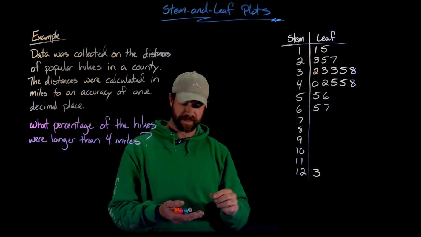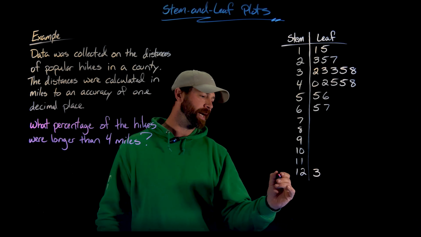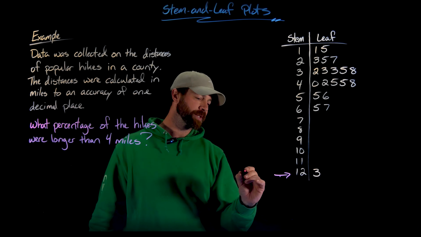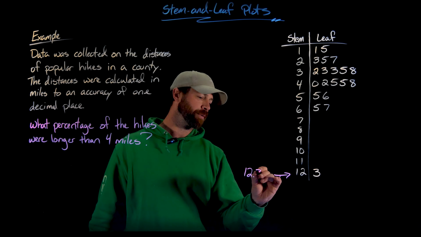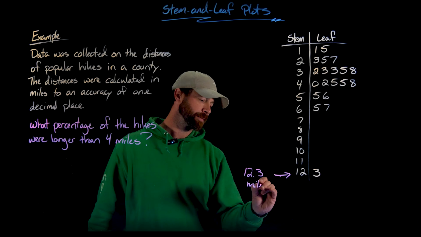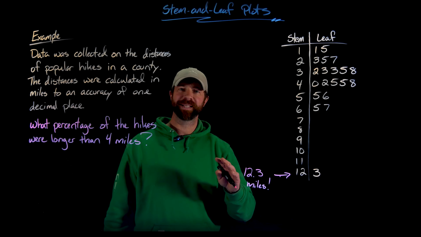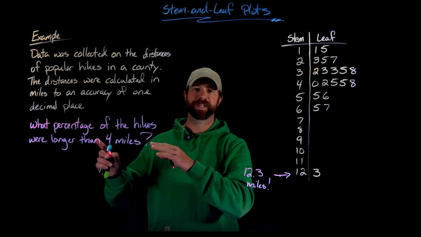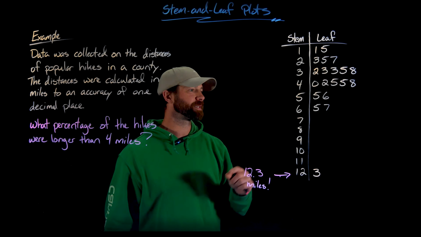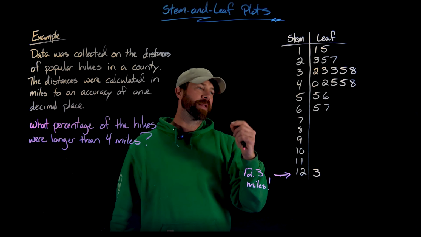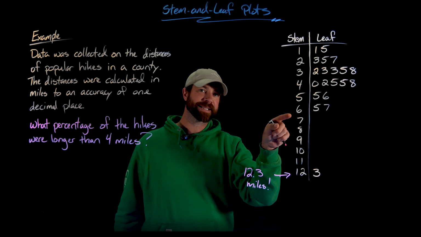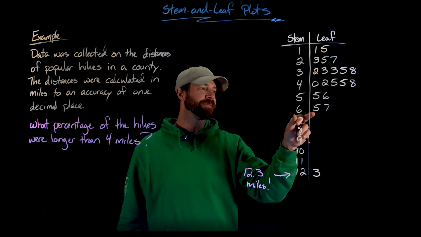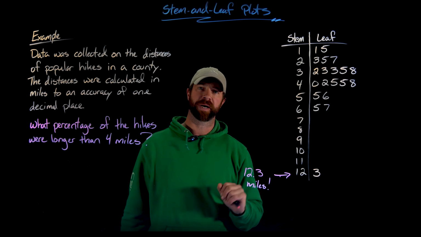This represents 1 data point, a hike that is 12.3 miles. And this is the row of all the hikes that are between 6 and 7 miles. So this is 6.5 miles, this is 6.7 miles.